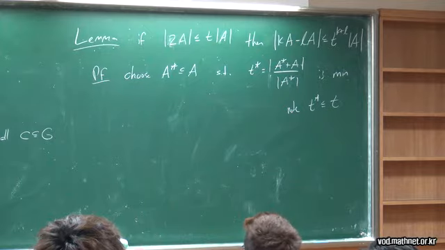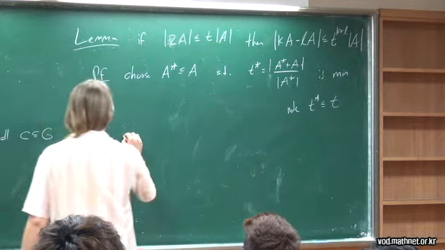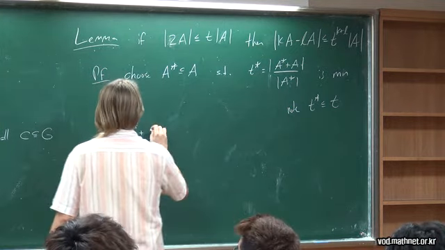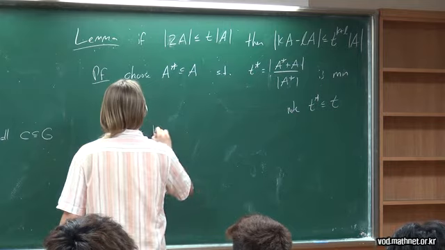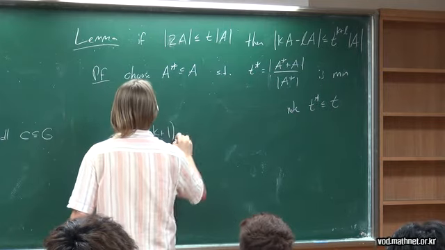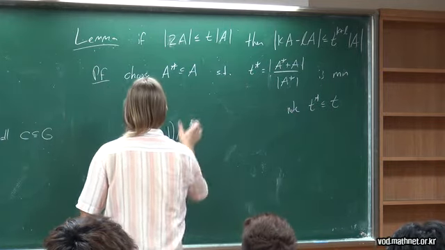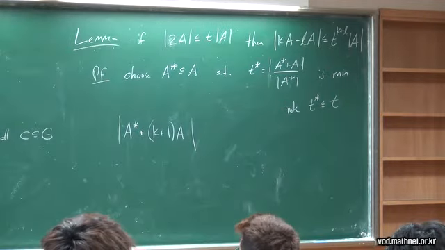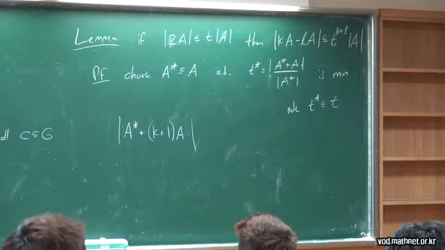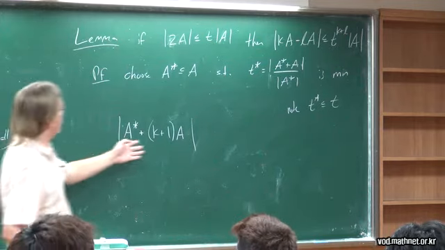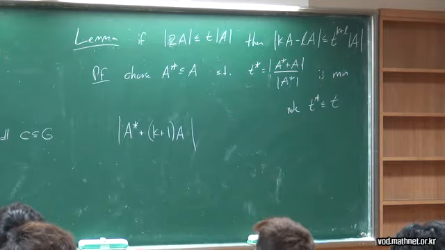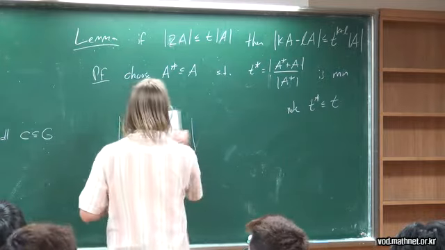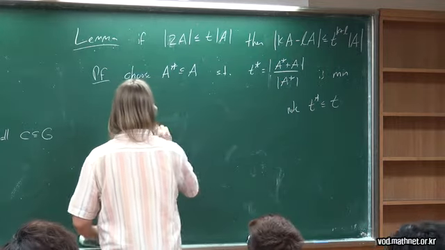Now what do I want to do? Now let's look at A star plus k plus 1 times A. Actually, maybe it's better if I draw this as just a k.